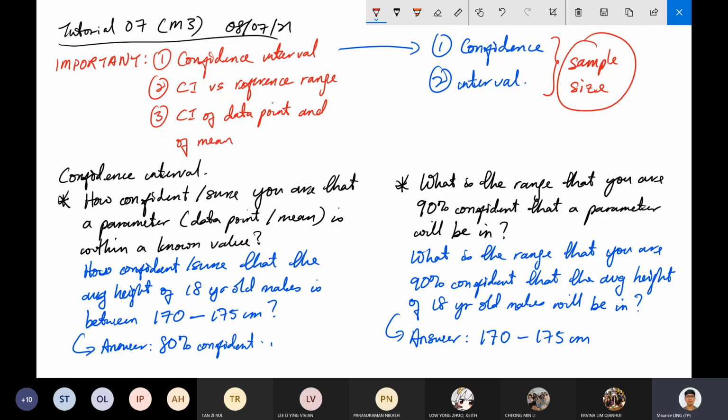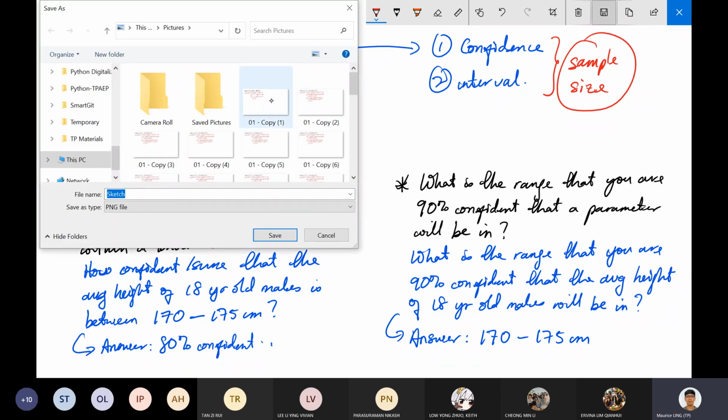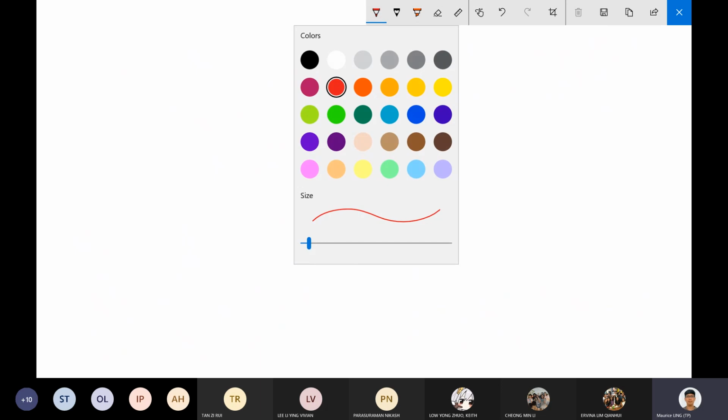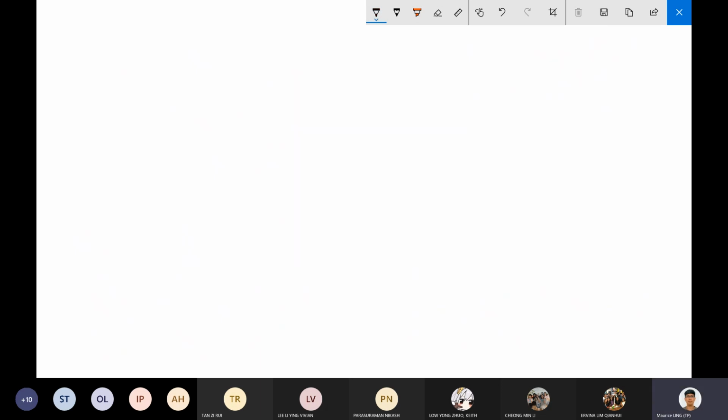Okay, so let us just grab an example first. Let's say you have a certain value. So the question is, how does sample size make a difference? Sample size is your n.